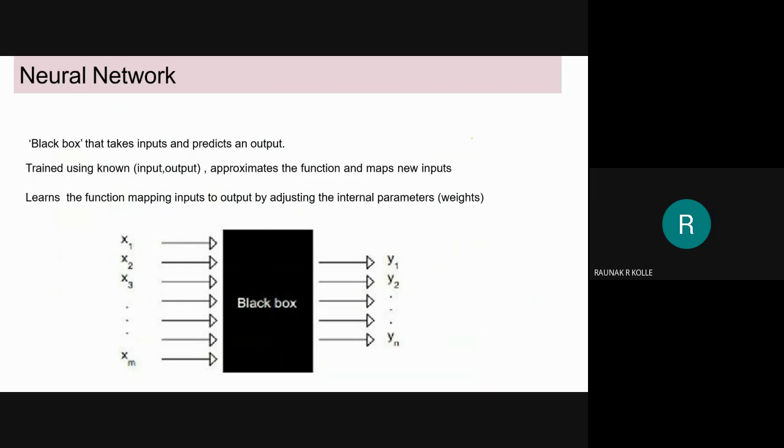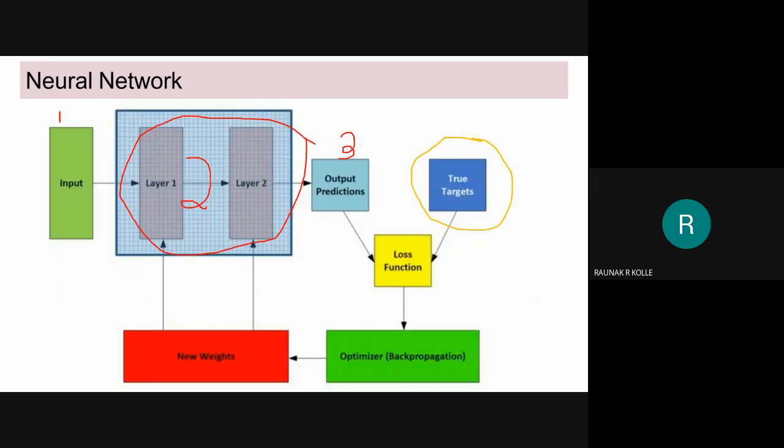Together, the known input and output approximate the function and map the new input. So as we see here, the expected value and the predicted value combine to form a loss function, which is given as backpropagation, which is fed as new weights, which gives the model or function to the incoming inputs. So in a brief note, we can say that the later inputs are dependent on the earlier inputs.